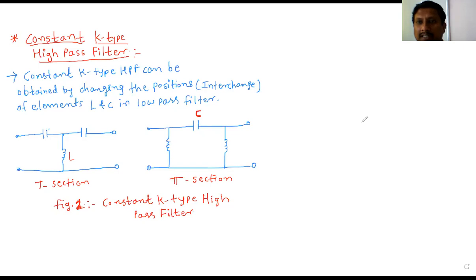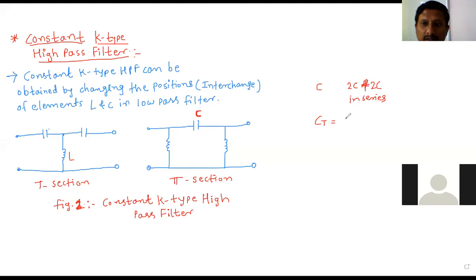When capacitors are in series, they combine like the parallel formula. No, I want 2C, so that the equivalent value is C. 2C, 2C. Yes, very good. So 2C and 2C in series means we have to take the equivalent capacitance CT equal to 2C into 2C divided by 2C plus 2C.